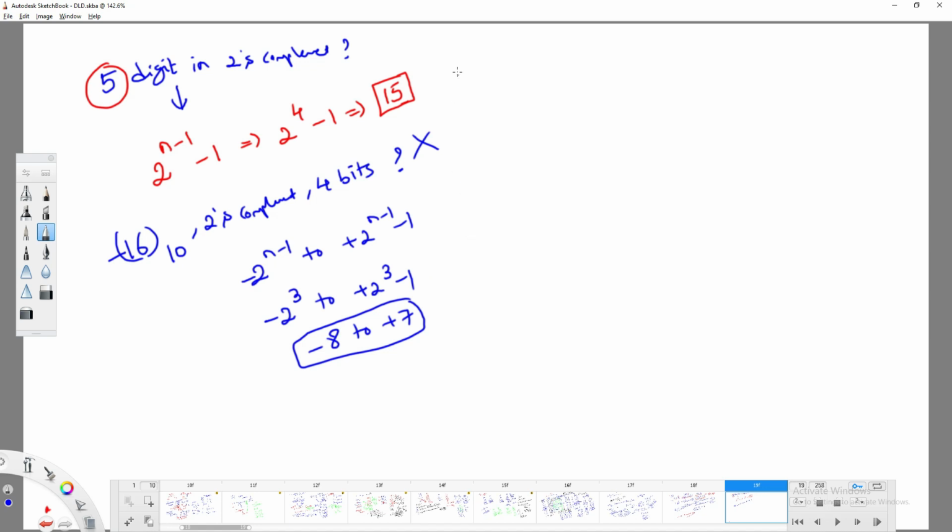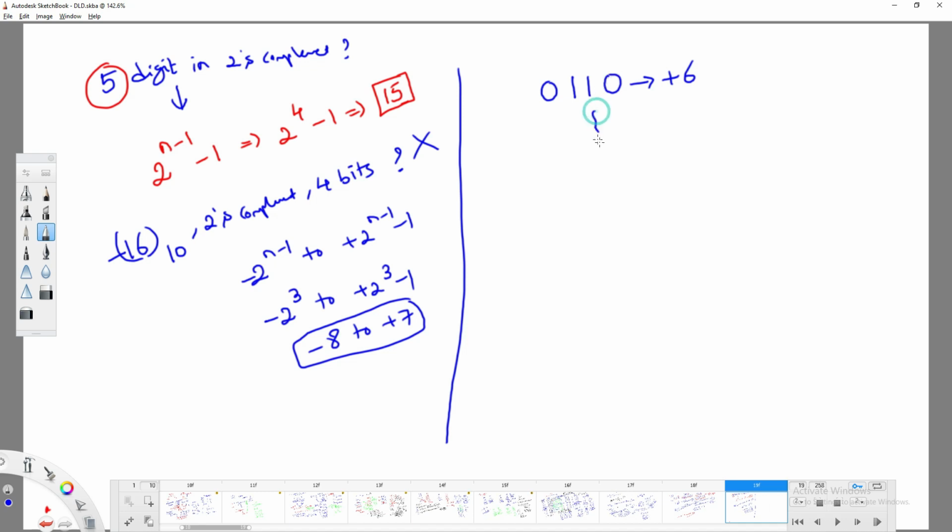Okay, fine. With the help of this concept, I can extend. If I have a number, for example, 0110, assuming this is a normal positive number, plus 6.